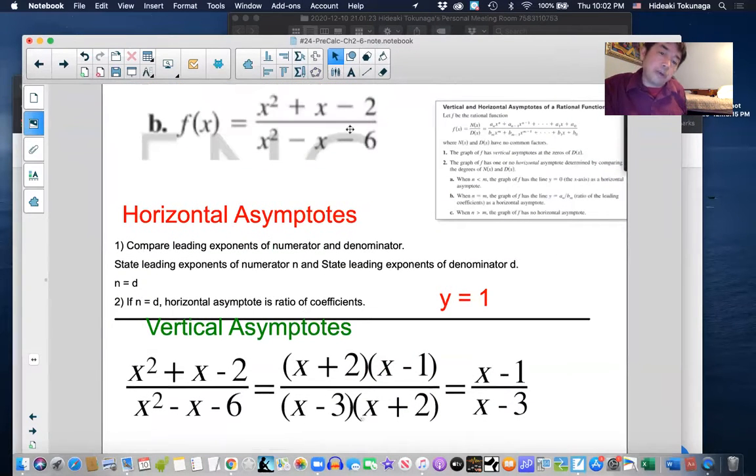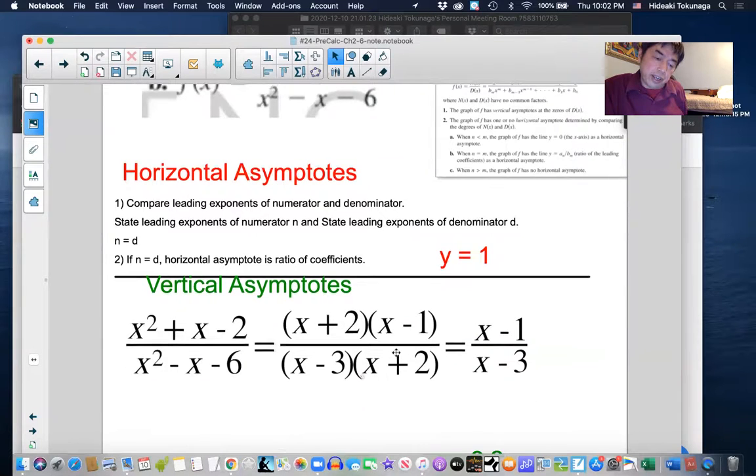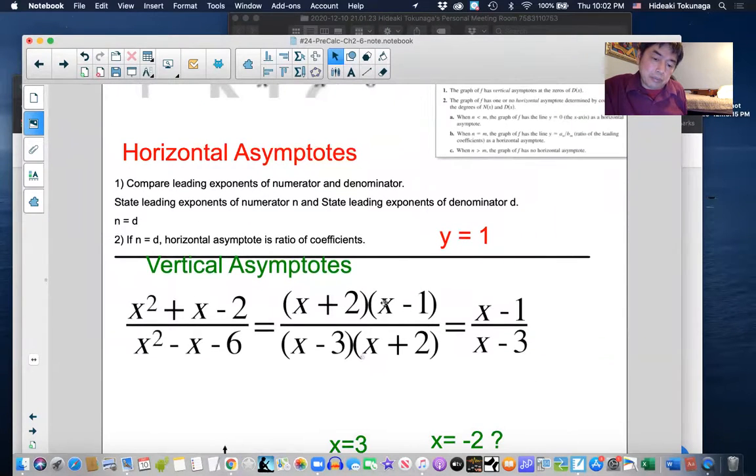Now, both numerator and denominator can factor, right? So x plus 2 times x minus 1 is going to be here. And the denominator, x squared minus x minus 6, you can do x minus 3 times x plus 2 over here.